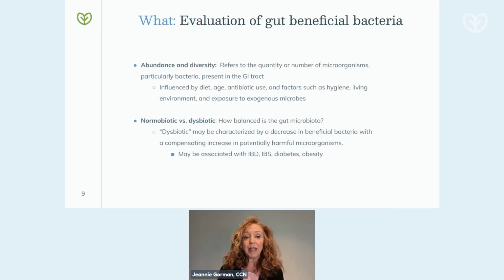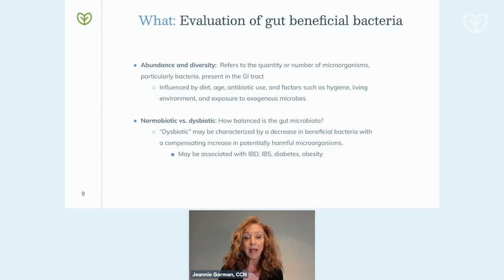As we are evaluating the beneficial microbiome, it gives us a sense of the abundance and diversity of this group of beneficial bacteria. It is influenced by diet, age, antibiotic use, and other factors such as food hygiene, living environment, and exposure to any exogenous microbes.